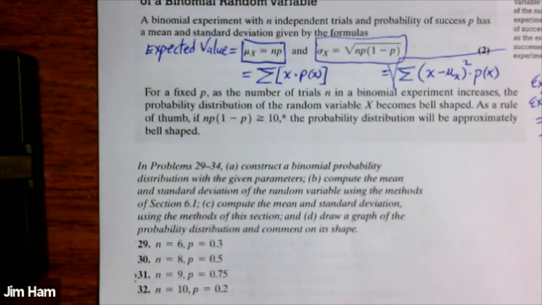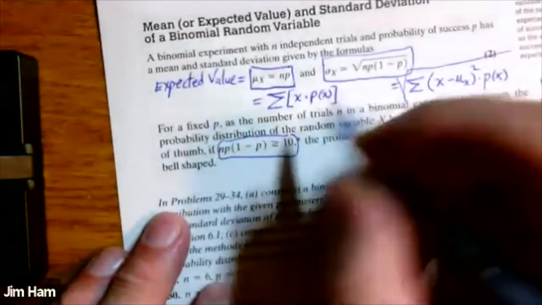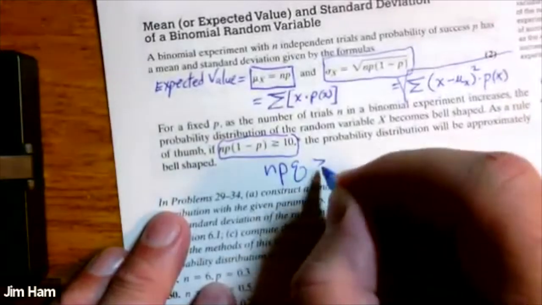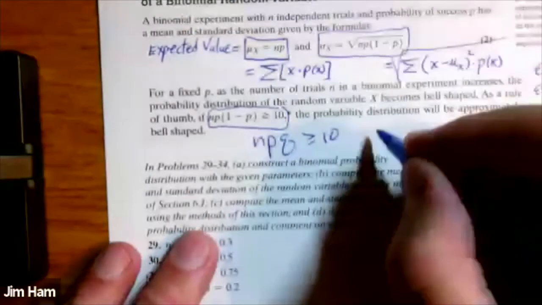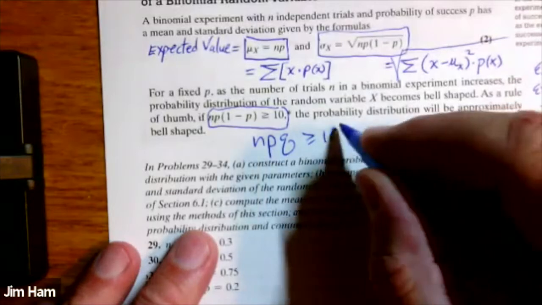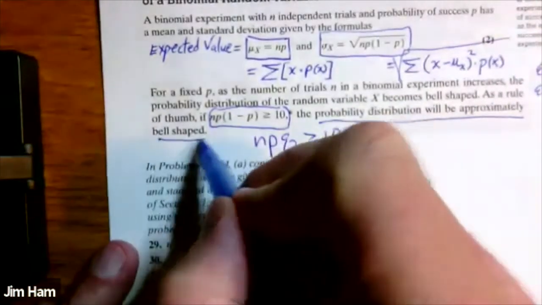What you'll find is if n times p times q is larger than or equal to 10, then the binomial distribution will be approximately bell-shaped.